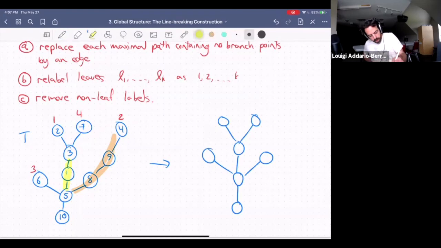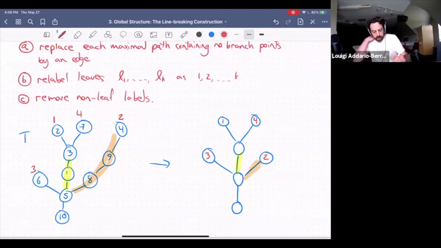Okay, so the yellow path became that edge here. The orange path became that edge here. And then the leaves get labeled in increasing order of their original labels. So 1, 2, 3, 4. Okay, I'm just suppressing vertices of degree 2 and then doing some relabeling.